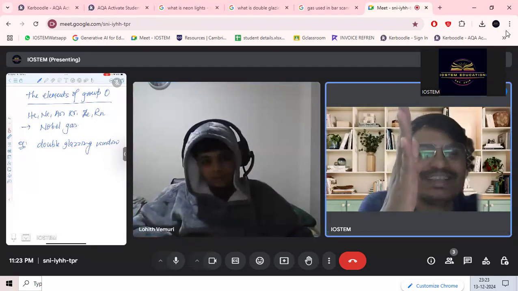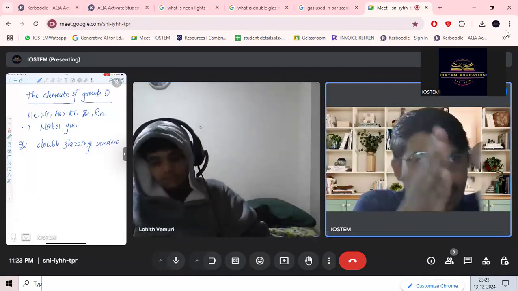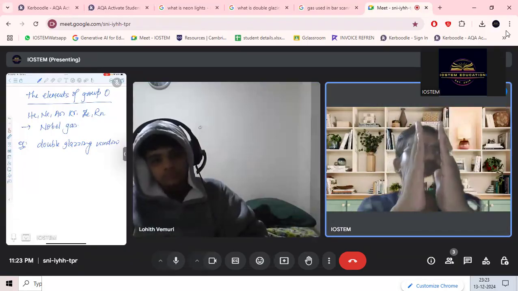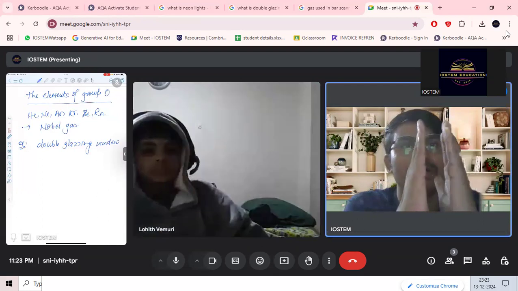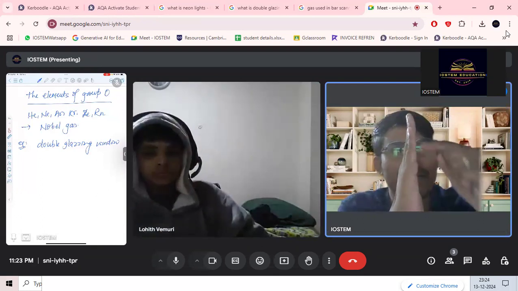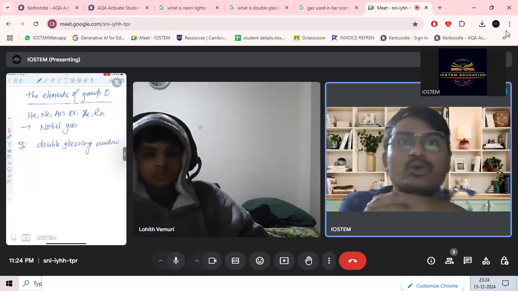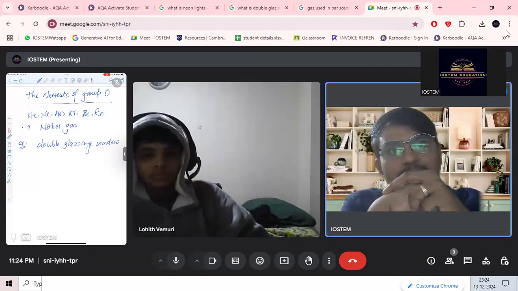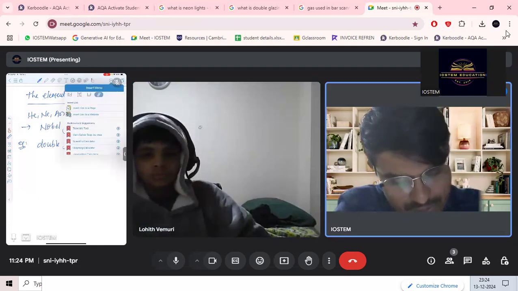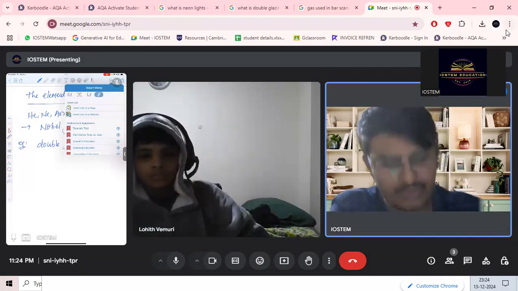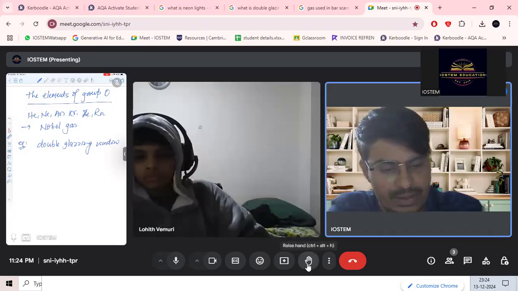What I mean is, in a window there are two glasses. They keep two glasses like this in a frame. And the gap between those two glasses can be filled with these group zero elements. Let me show you.